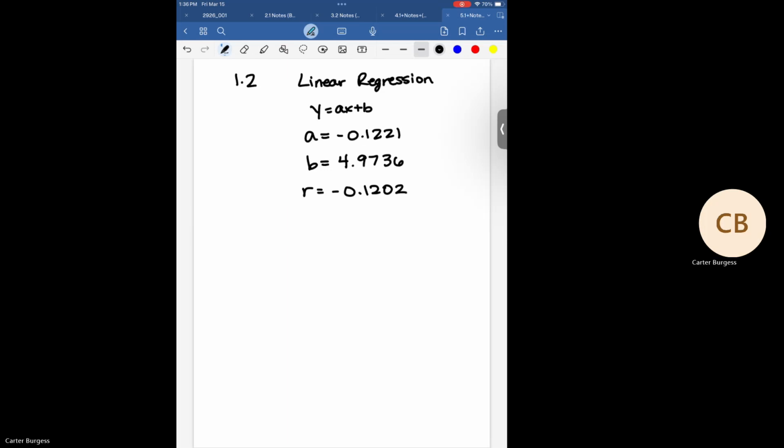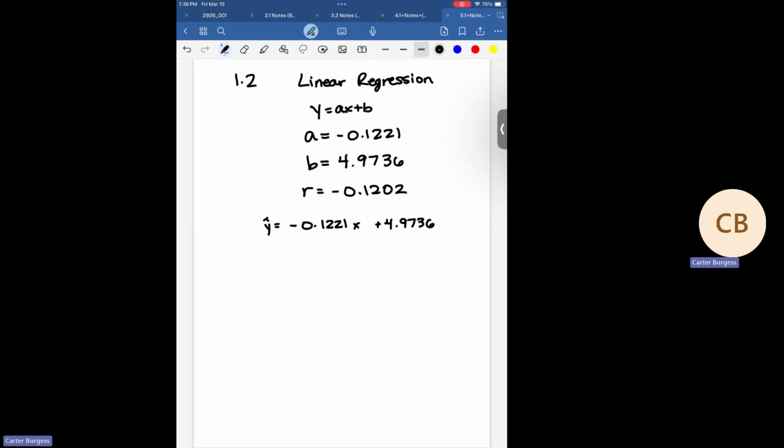All right. Now the linear regression also gives us more information than just the R value. It also is giving us the full equation that goes alongside this R value. So in this case, our equation would be y hat is equal to negative 0.1221 times x plus 4.9736 as a line.